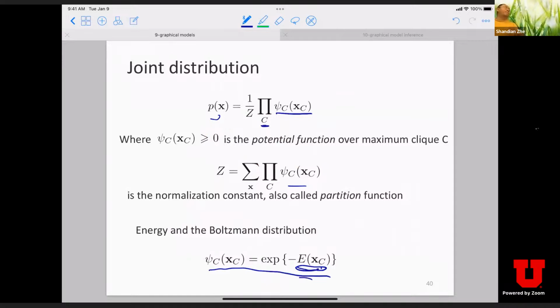We can define an energy function over every group of molecules, which represents how much energy they have. Based upon that, we take the exponential of the negative energy function to define the potential function, and multiply them together to give a distribution over these molecules. That's how statistical physics studies the activity of molecules.